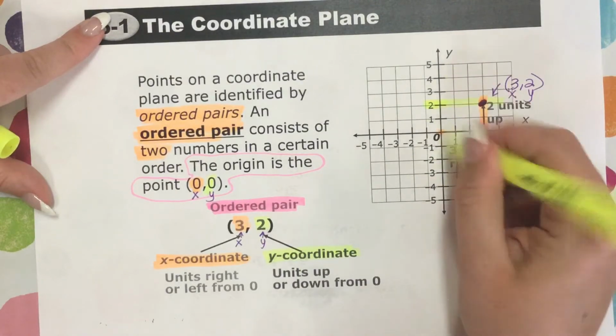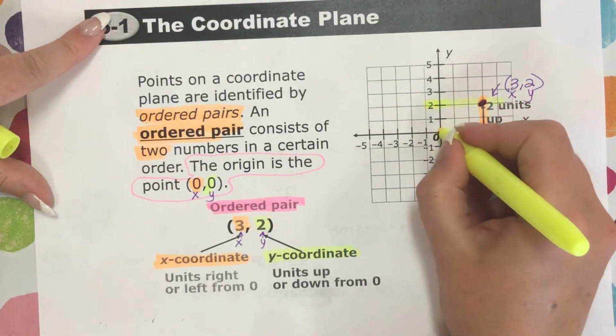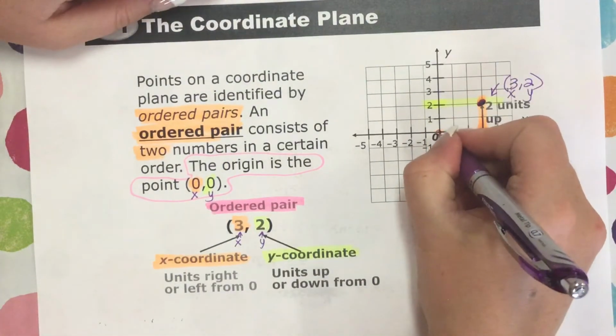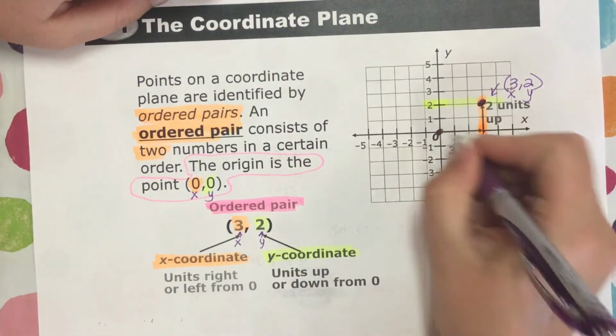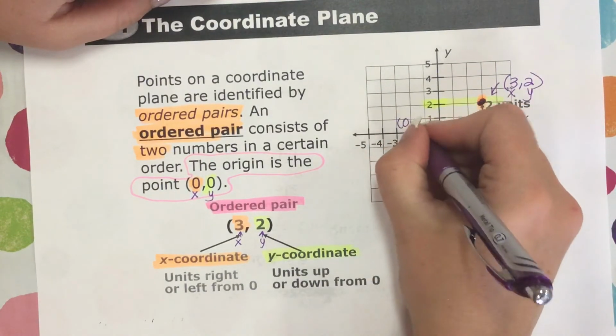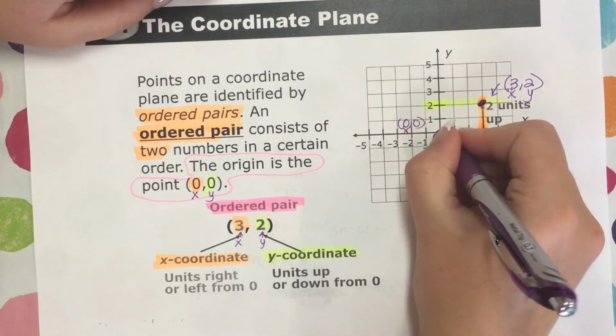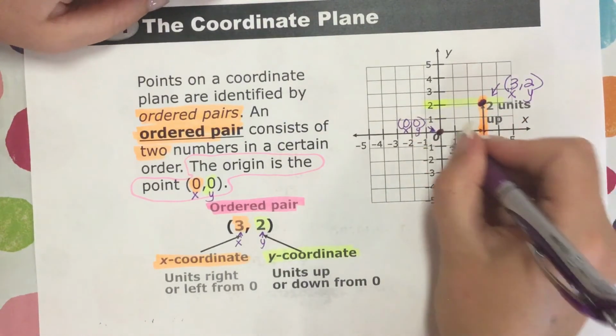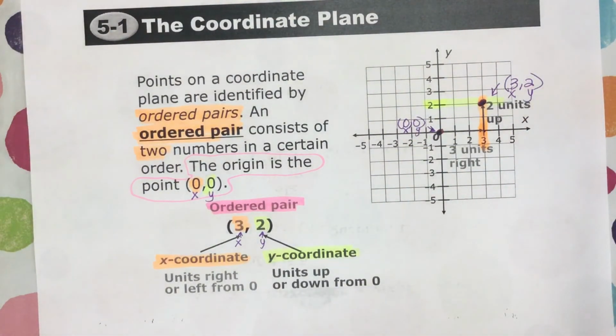Well, the y-axis is here. The y-axis 0 is right there. So it's 0 in the same place, so that's called the origin right there. That is the point 0, 0, because the x is 0 and also the y is 0. So that's how you would label that point, okay? Now let's go ahead and look at a few different examples.